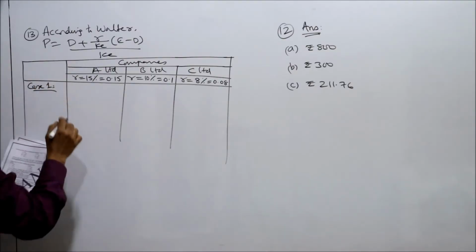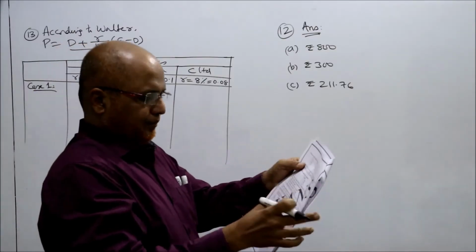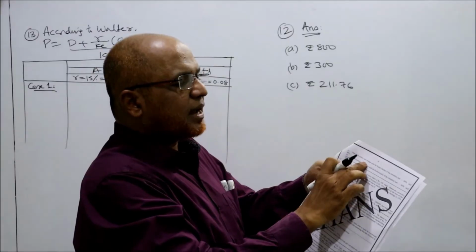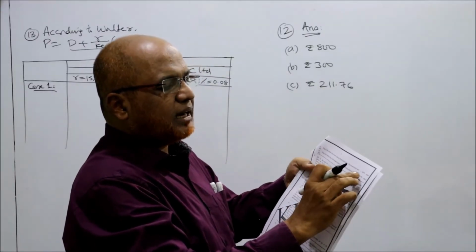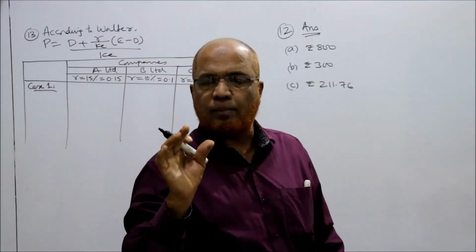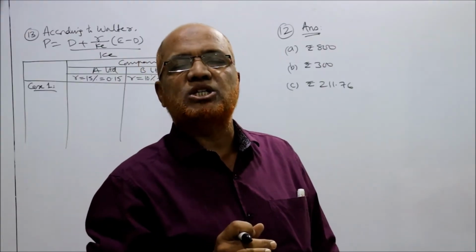Now case 1. In the first, it is given: what is the market value of the share under Walter's model if the retention rate is 40%. Actually, for applying Walter's model, we don't require the retention ratio.